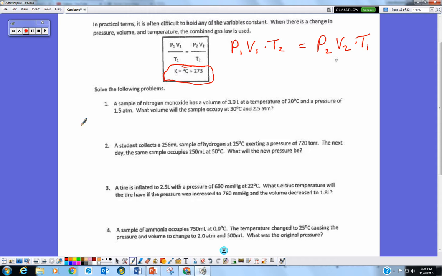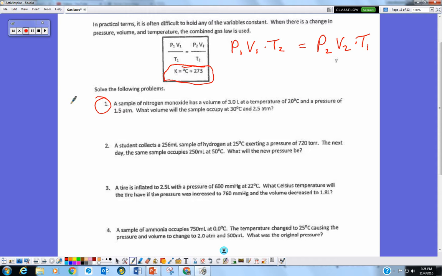All right, so again, let's look at problem 1, and we will go ahead and solve it. A sample of nitrogen monoxide has a volume of 3 liters at a temperature of 20 degrees Celsius and a pressure of 1.5 atmospheres. What volume will the sample occupy at 30 degrees Celsius and 2.5 atmospheres?